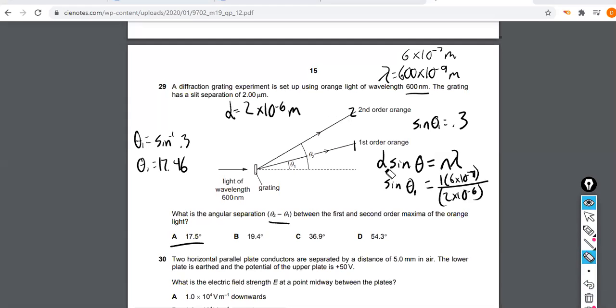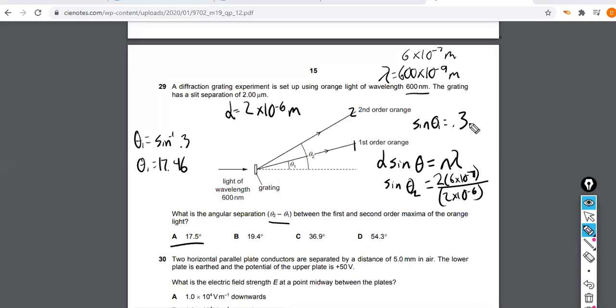It's the same diffraction grating. It's the same orange light. The difference is this 1 here becomes a 2, and that means we're solving for theta 2 now. So now I guess those 2's will cancel. It's going to be twice, right? Let's just make sure.